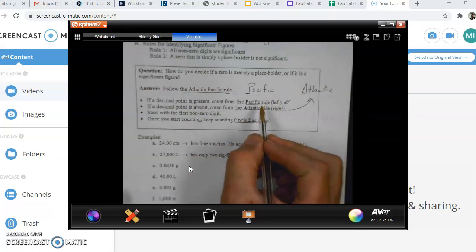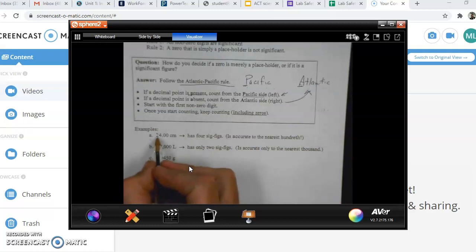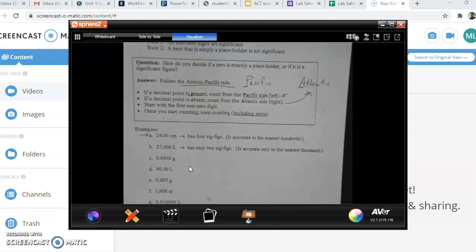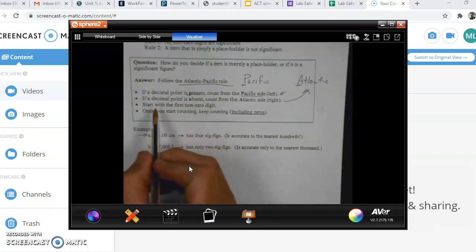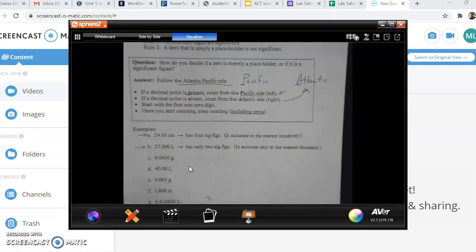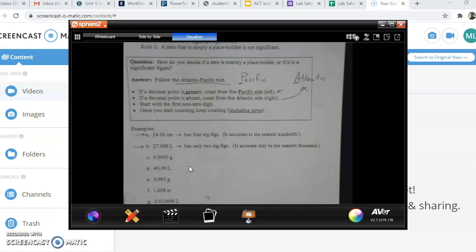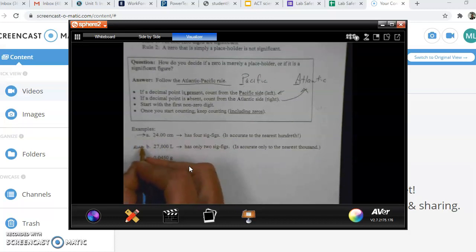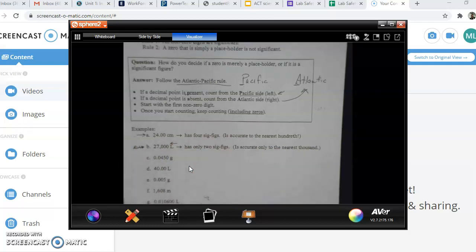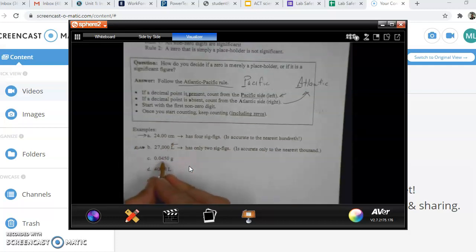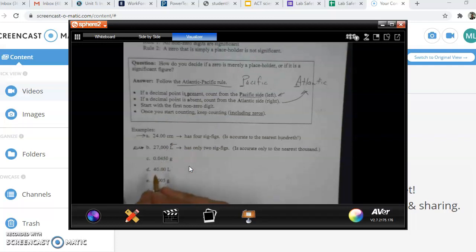So for instance, this 24.00 centimeters has a decimal. Is the decimal present? Yes, it is. So we're going to start from the left-hand side. 27,000 does not have a decimal. So we are actually going to count from the right-hand side. 0.0450, is the decimal present?